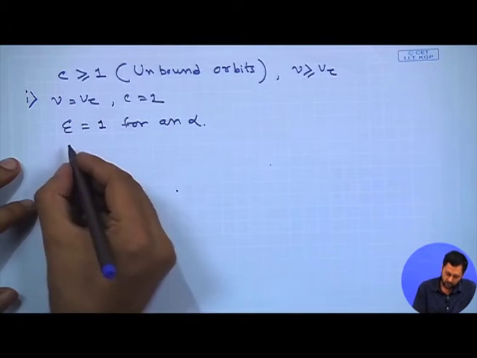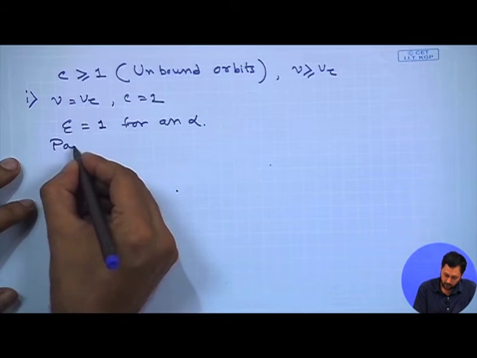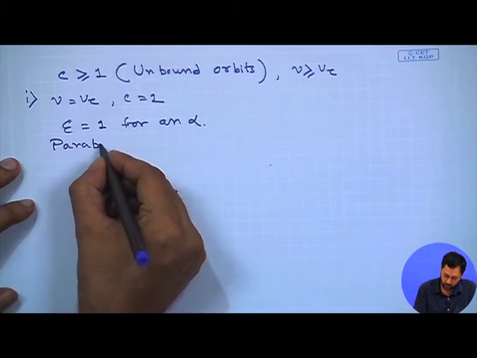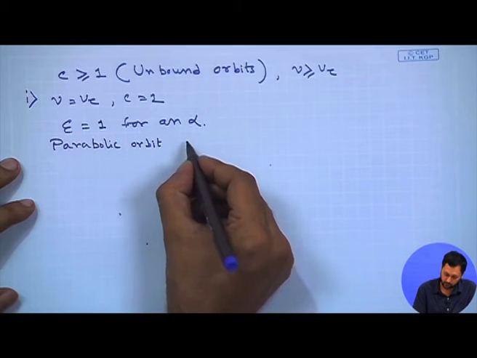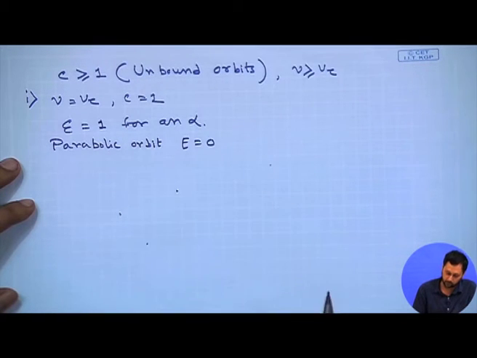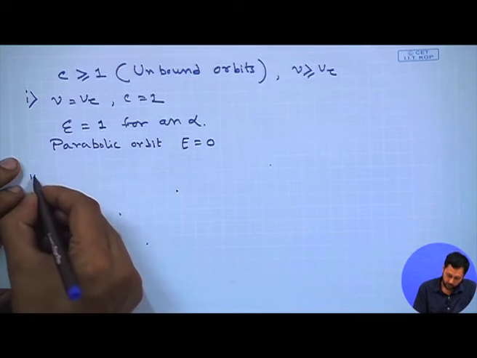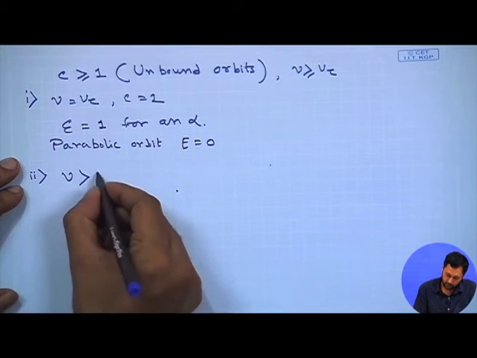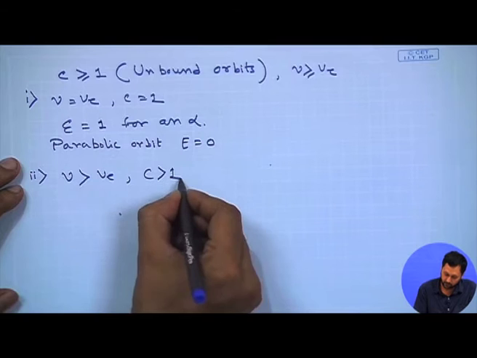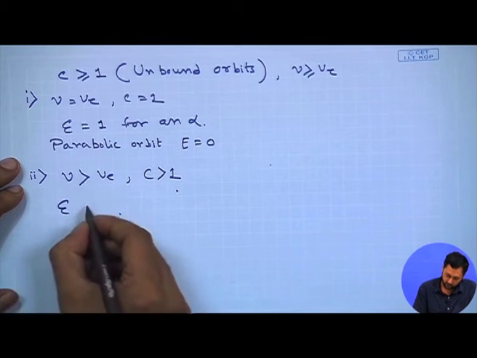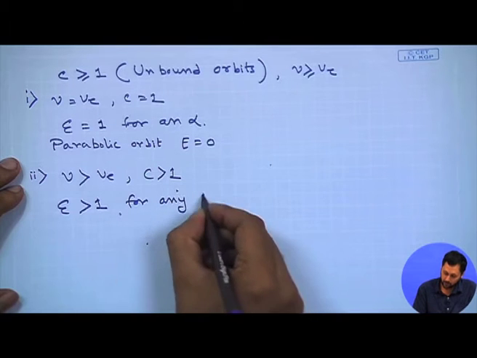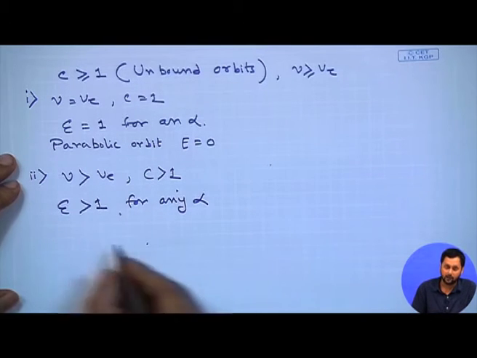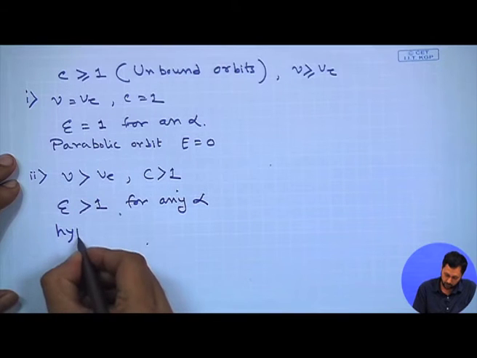So, we get a parabolic orbit, and we have also discussed that in this case the total energy of the orbit will be equal to 0. What happens if we have v greater than ve, that means c greater than 1? We have epsilon greater than 1 for any alpha, and we have a hyperbolic orbit.